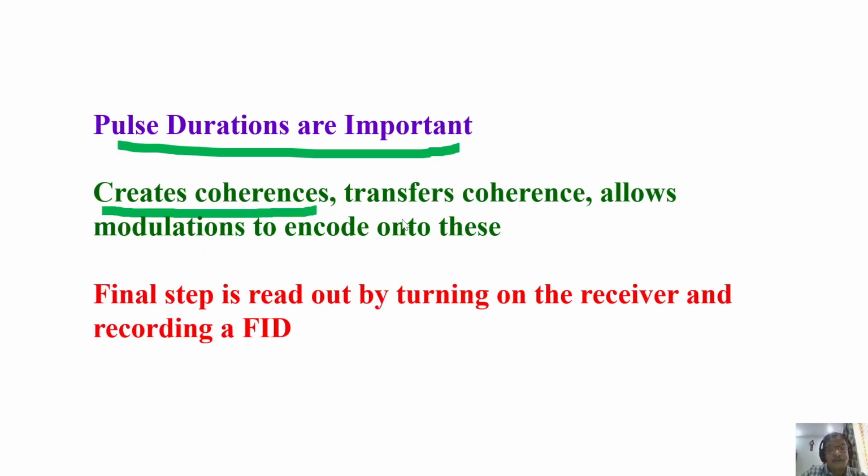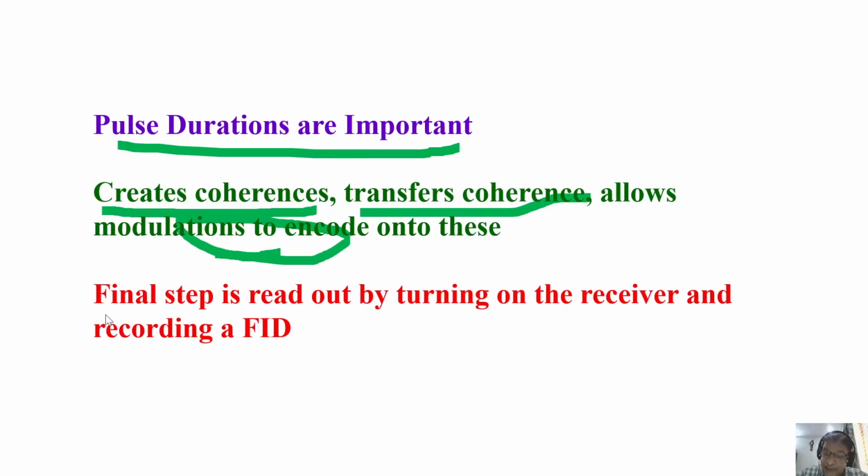So for creating coherences, for transferring coherence, one magnetization can be transferred to another spin, and we can modulate all those things and encode it to a different spin. All those things can be done. So these delays, pulse widths, pulse flip angles all matter a lot. And the phase of the pulse, in which direction you apply, matters a lot.